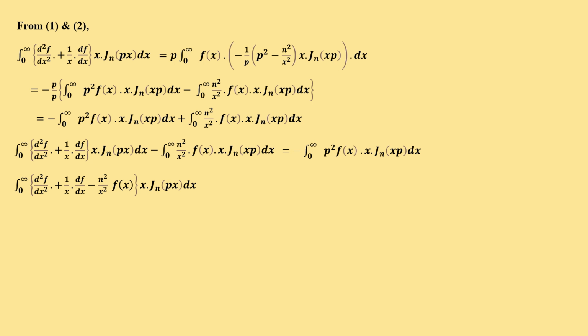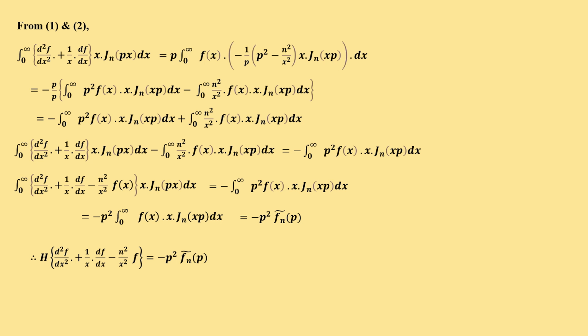Therefore, integral 0 to infinity of (d²f/dx² + 1/x df/dx - n²/x² f(x)) Jn(px) dx is equal to minus p² integral 0 to infinity f(x) Jn(xp) dx, that is minus p² f̄n(p). Therefore, the Hankel transformation of d²f/dx² + 1/x df/dx - n²/x² f is equal to minus p² f̄n(p).